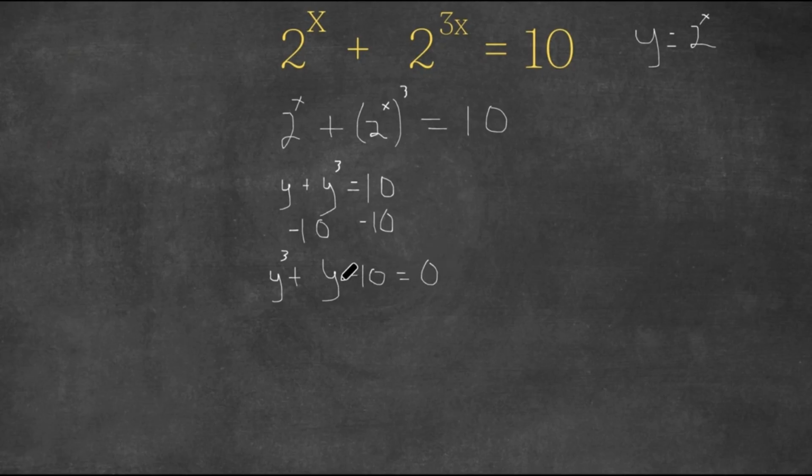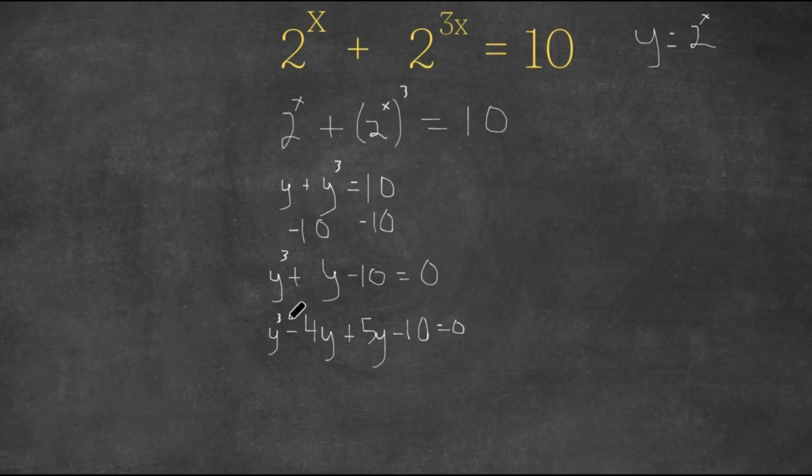To factor this, we're going to rewrite this y as y cubed minus 4y plus 5y. We're going to rewrite the y as minus 4y plus 5y, and we still have the minus 10 here. And this equals 0.